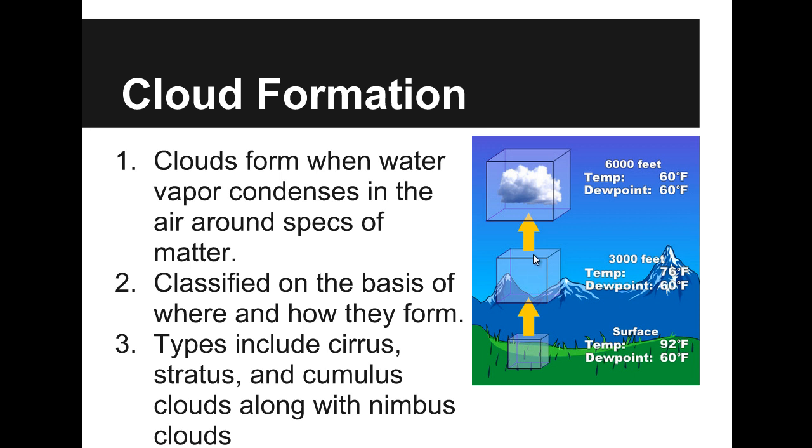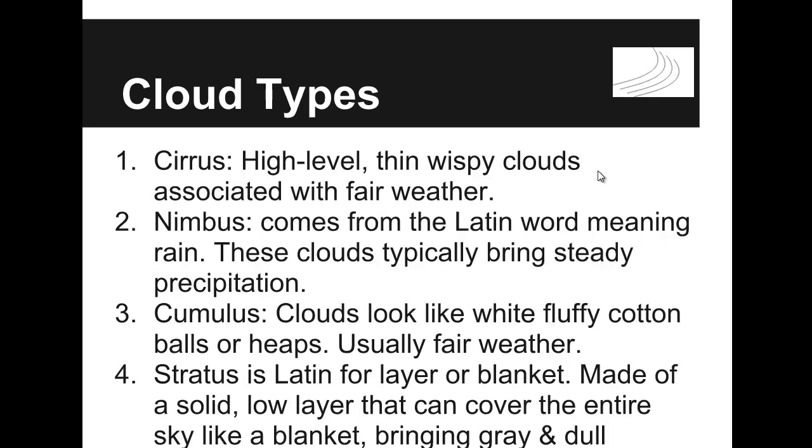And remember that cooler air can't hold the same amount of water vapor, the same amount of water gas. So as it gets up here to, say in this example, 6,000 feet, a temperature of only 60 degrees, it can't hold as much water vapor, and it starts to condense into visible water droplets that we call clouds.